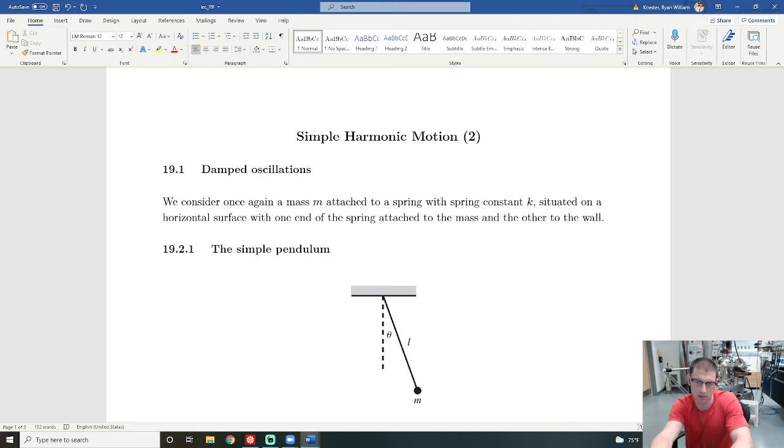This is exactly the same setup that we considered last time, so if you refer to the previous video, there was a diagram of this in there, but it's literally just a mass on the ground with the spring attached to it, the other end attached to the wall.